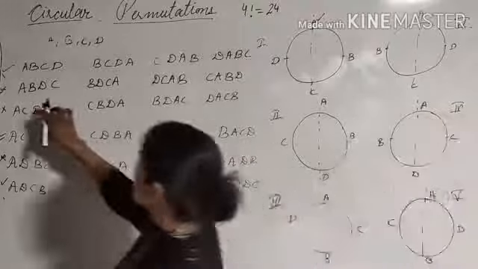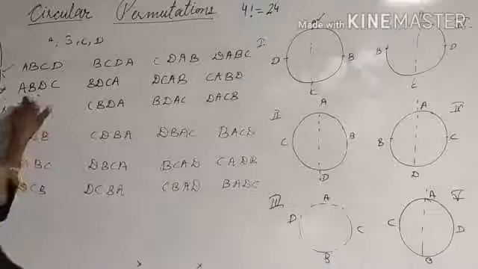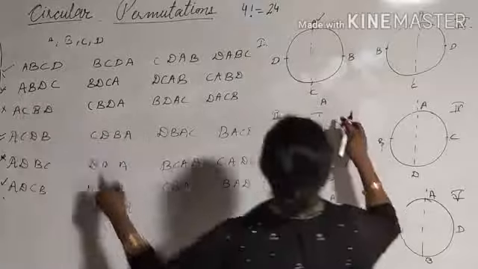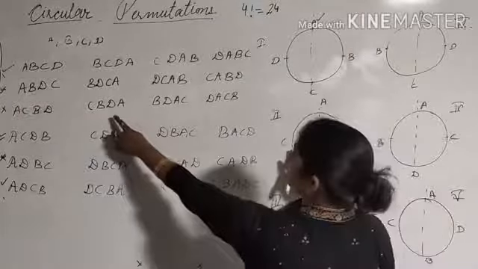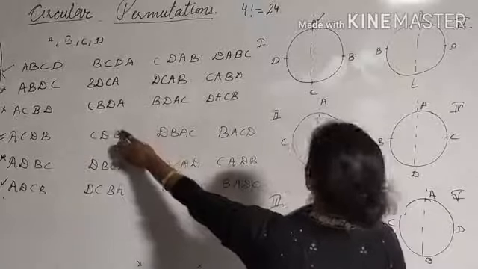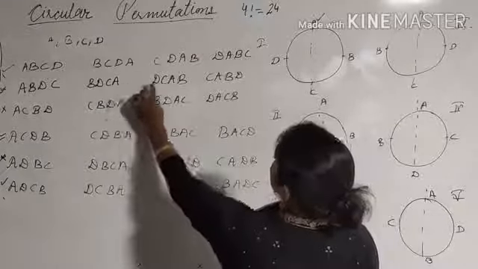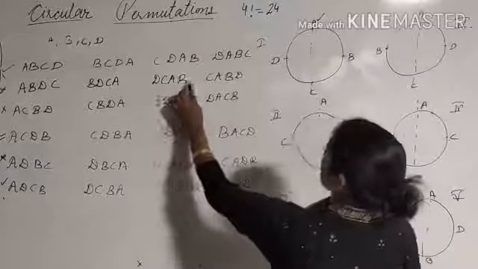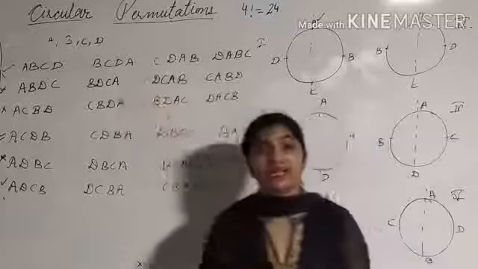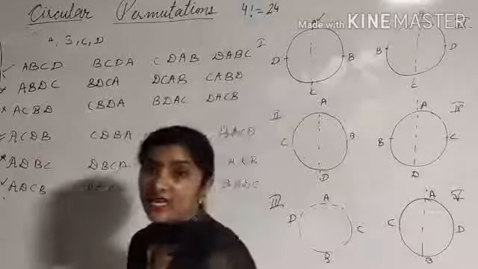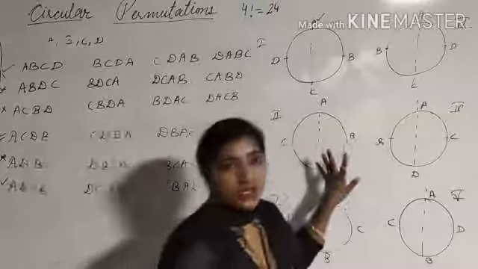Similarly, you can check the arrangements in this line: A, B, D, C, then B, D, C, A, then D, C, A, B, and then C, A, B, D. All of these 4 arrangements that were different in linear arrangement are the same in circular arrangement.